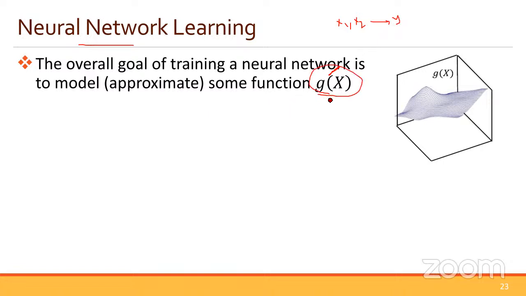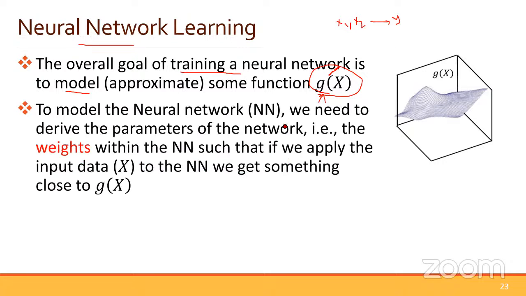So the overall goal of model training, when we train the neural network, is to come up with a certain model that gives us an output, based on x1 and x2, very close to the actual output value, which is g of x. So this is the overall goal of the training process.